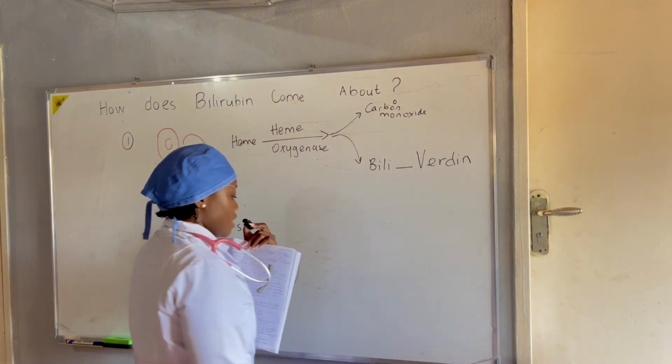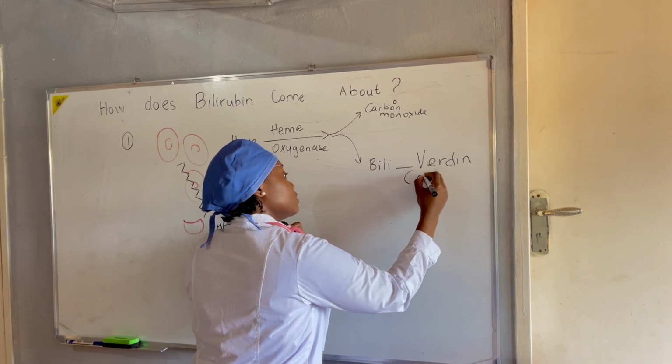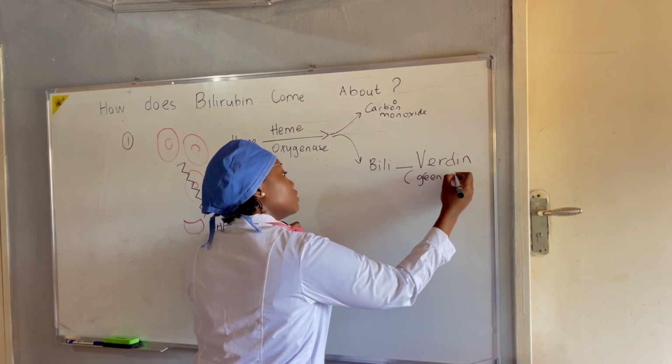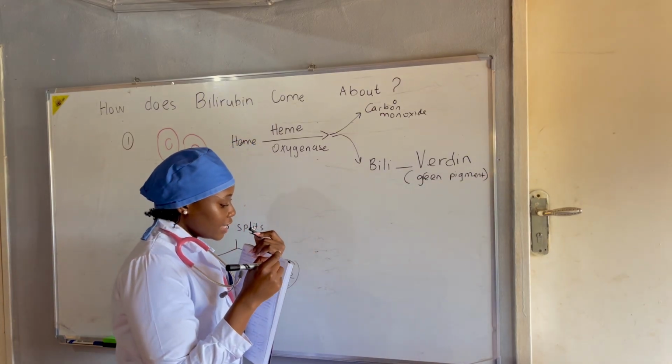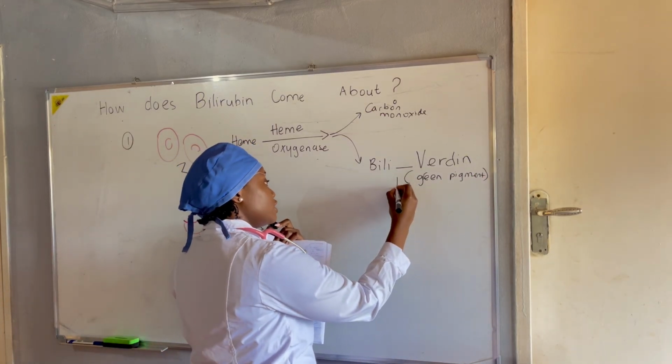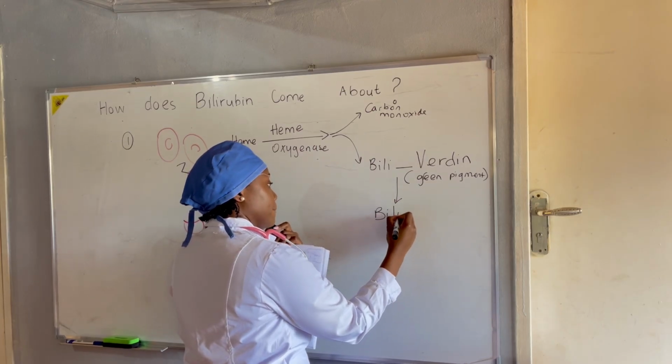Biliverdin is a green pigment. And then once biliverdin has been made, it will be converted into bilirubin.